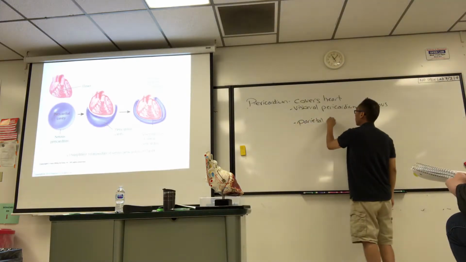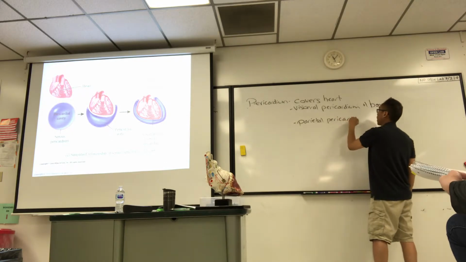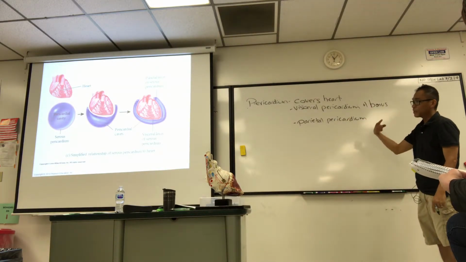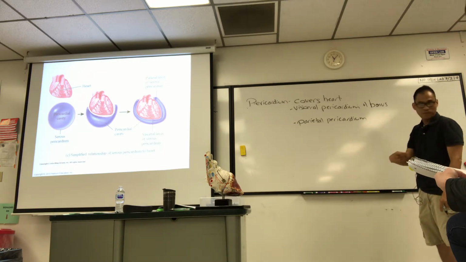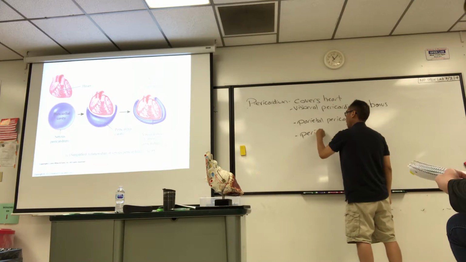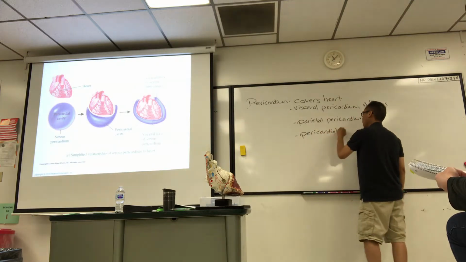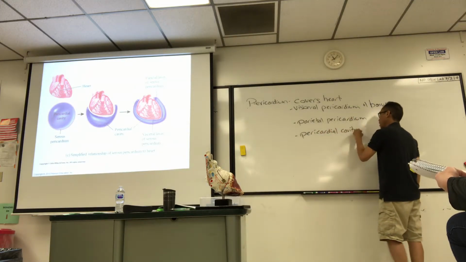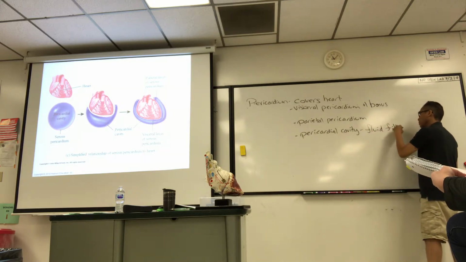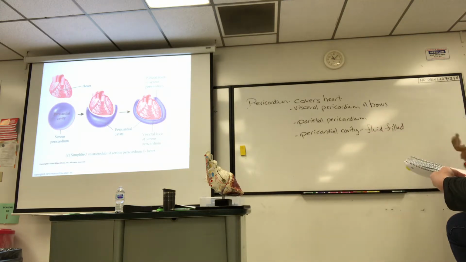Then you have parietal. Now, in between the parietal and visceral is the pericardial cavity that is fluid-filled. The function of this pericardium, it covers the heart, but basically it keeps the heart from overfilling, okay?